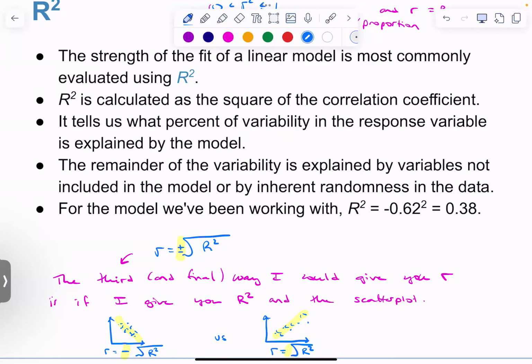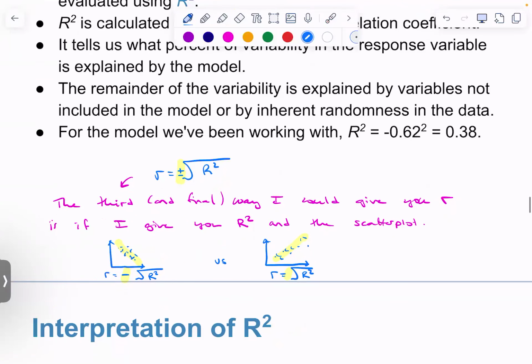And I'm going to give you a little blurb to memorize. But the remainder of the variability, so everything that's left over from R squared, right, and 1, is explained by variables that are not included in the model and just randomness in general, right?